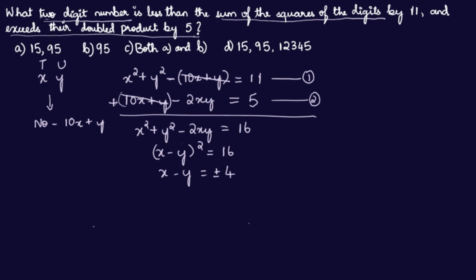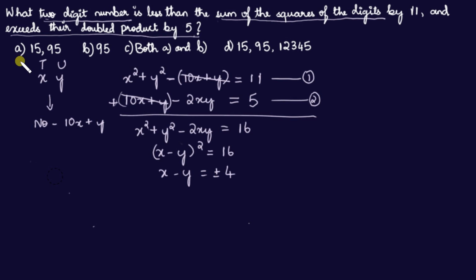We don't know which one is bigger or which one is smaller, so we are still blindsided by this. But if we look at the options, the difference between the digits is 4. So we have 15, we have 95, because these are the two numbers that matter actually. So it could be either of these.